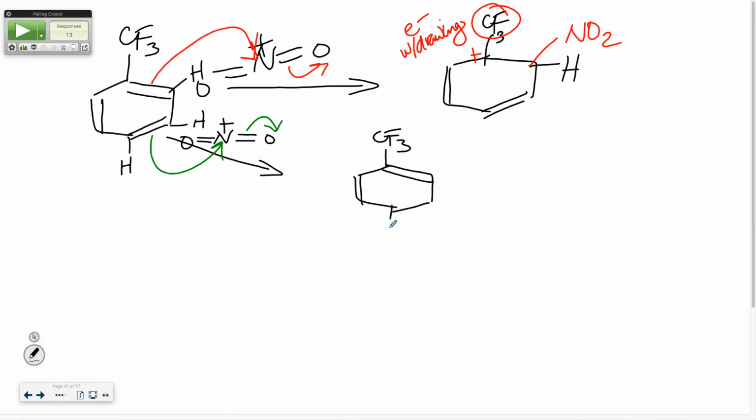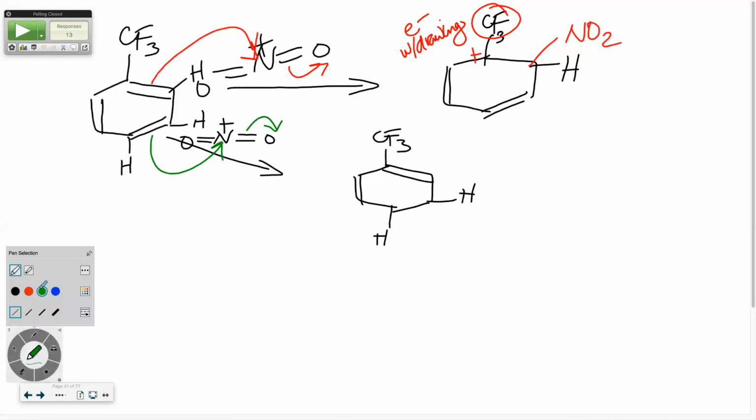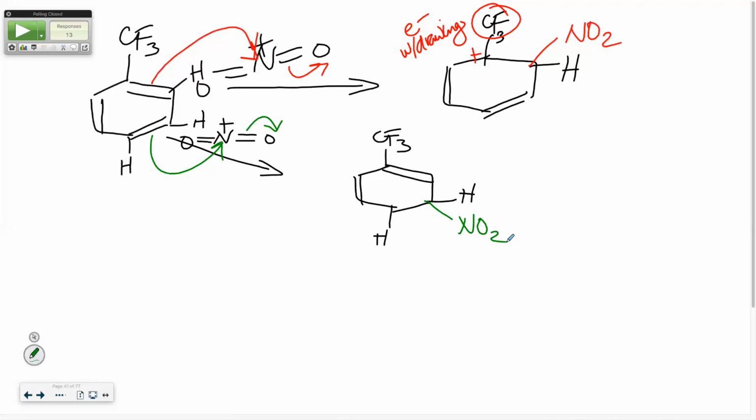If we're talking about the meta spot, it's going to be NO2 here. And now who's positive? Which carbon is positive? The one on the bottom, the one that's para. That one's positive. Is that destabilized by the CF3?